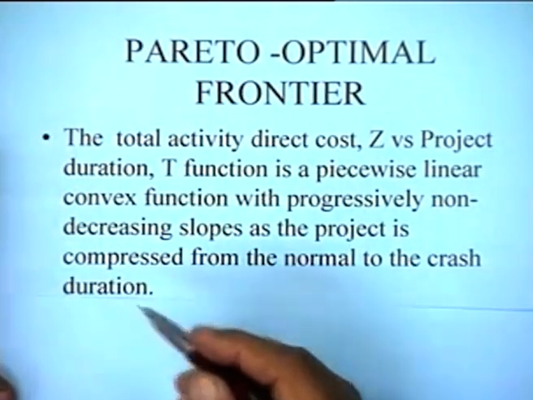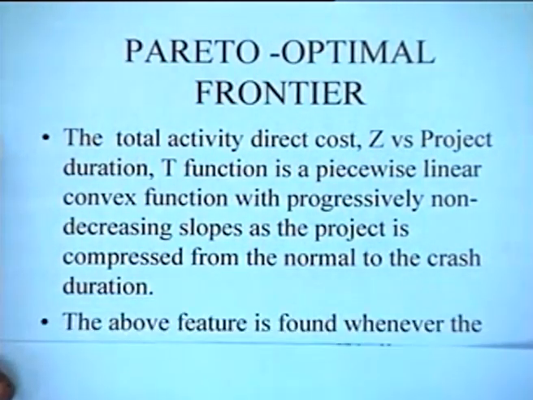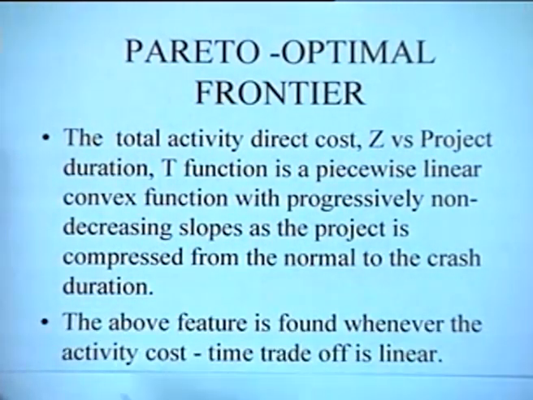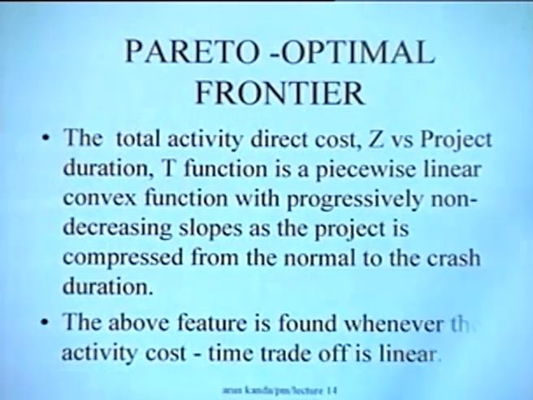This is a feature of all the ZT curves with linear costs, and the above feature is found whenever the activity cost-time trade-off is linear. So whenever the time-cost trade-off function is linear, the ZT function is in fact piecewise linear with progressively increasing cost slope.